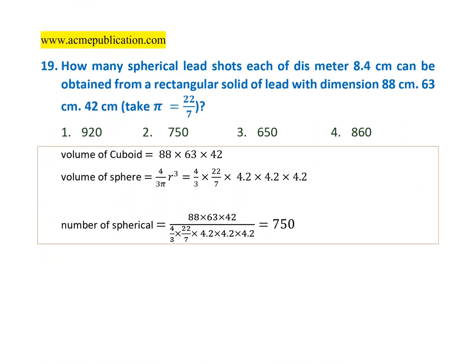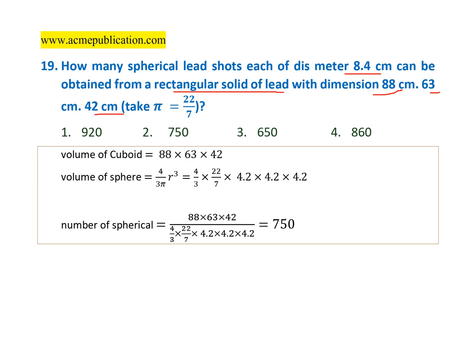Question 19. How many spherical lead shots, each of diameter 8.4 centimeter, can be obtained from a rectangular solid of lead with dimension 88 centimeter, 63 centimeter and 42 centimeter?